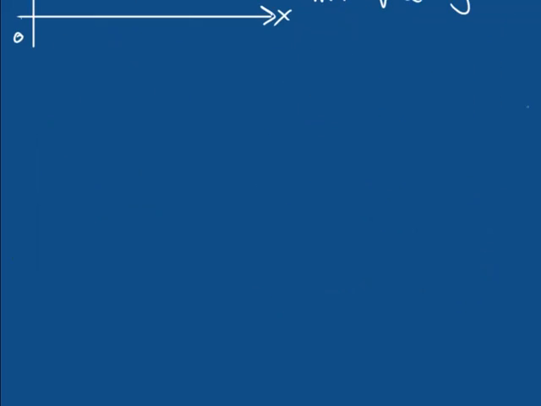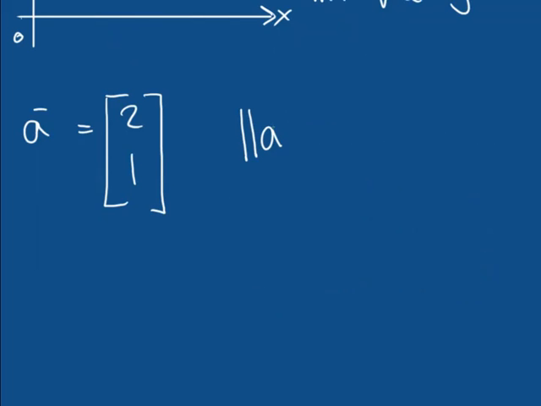So if I had a vector A that is equal to, I don't know, 2 units in x and 1 unit in y, and I wanted to find the length of this vector A, how do I do that?